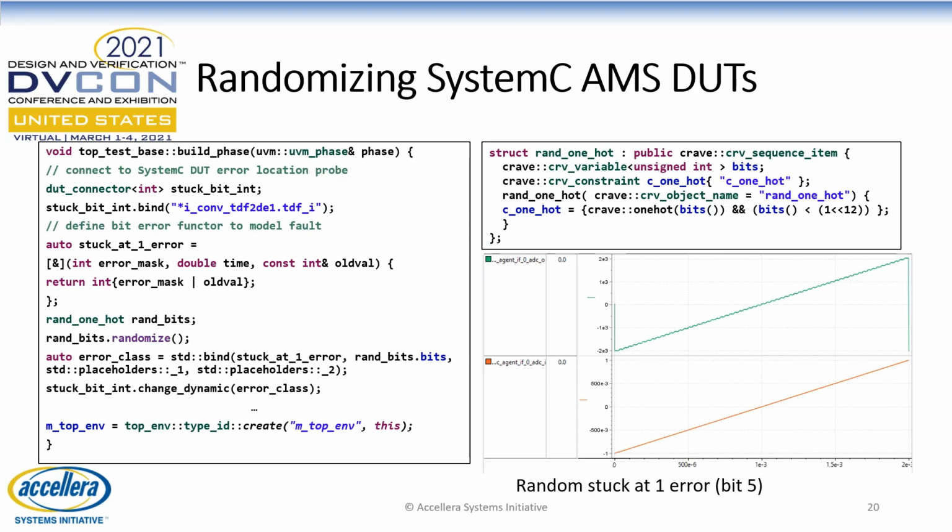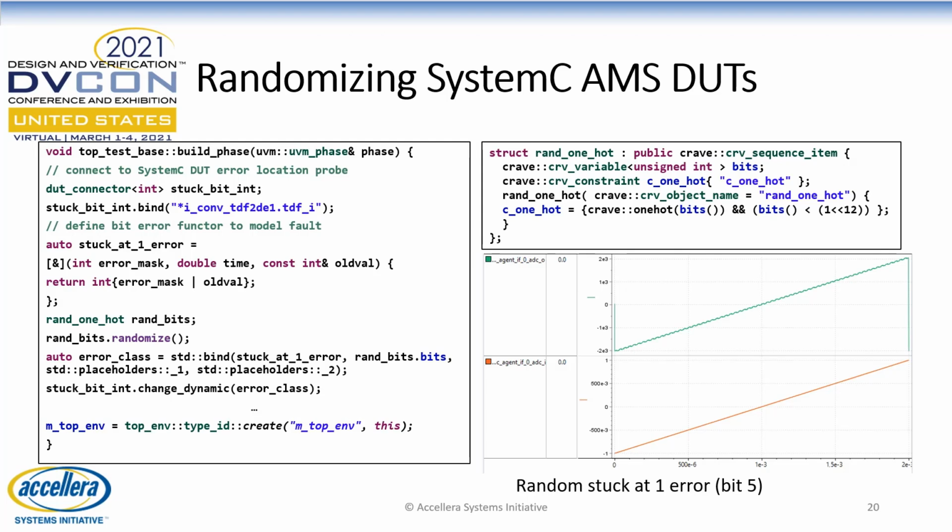On the right-hand side, we have defined the CRAVE sequence item, which can be used to define the stuck-at-1 fault. Therefore, we use the CRAVE one-hot function to randomly generate an integer with 1 bit set to 1, and we restrict it to 12-bit values. On the left-hand side, the UVM build phase of a UVM-SystemC test environment is shown.